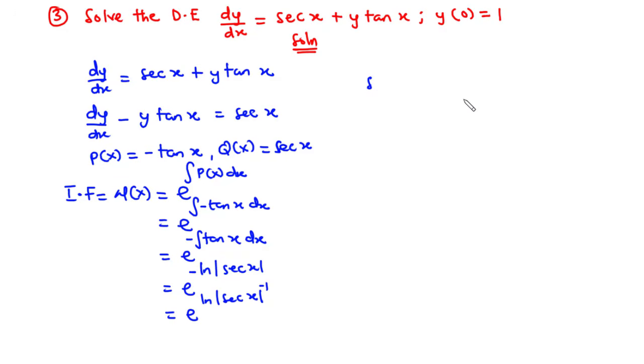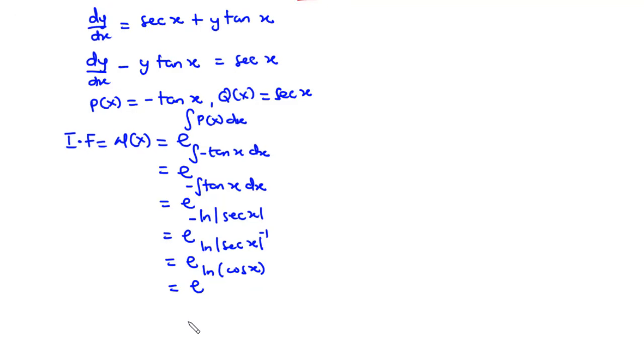So in place of sec x to the power negative 1, we are going to have e to the power ln of cos x. Now since e to the power ln of x is equal to x, then e to the power ln of cos x is equal to cos x. Therefore we have mu of x to be equal to cos x.